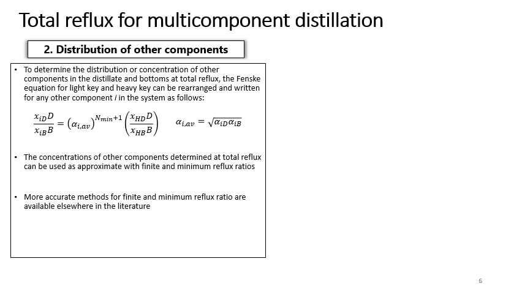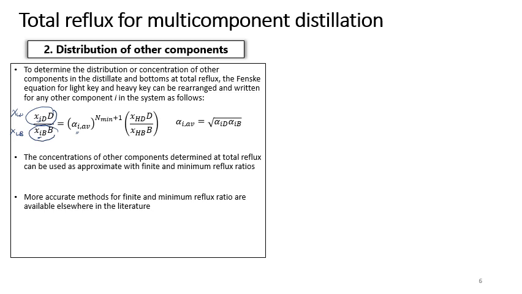So instead of XLD, you have XID, and instead of XLB, you have XIB. So this I here refers to any component A, B, C, or D in the system. So just replace all with I, so that you can calculate the flow rate of component I in the top and the flow rate of component I in the bottom.